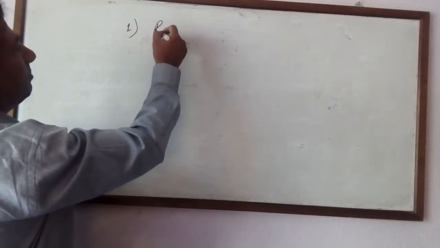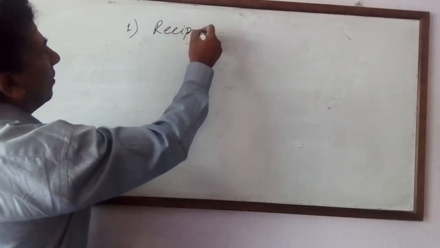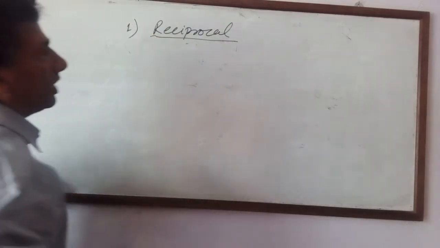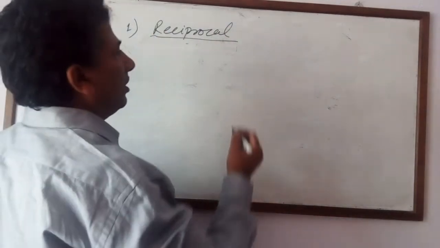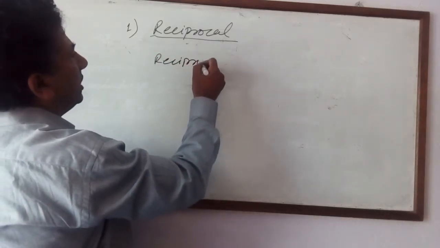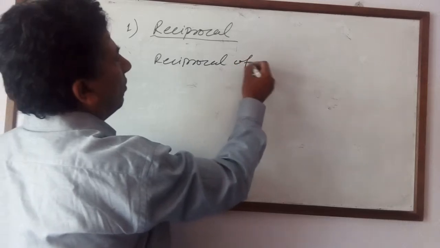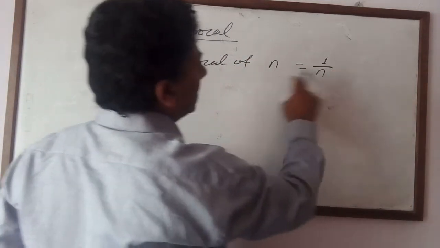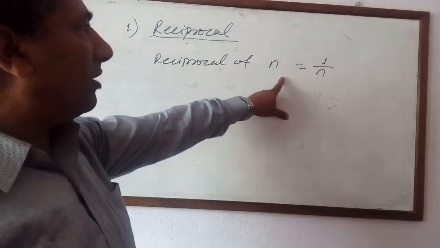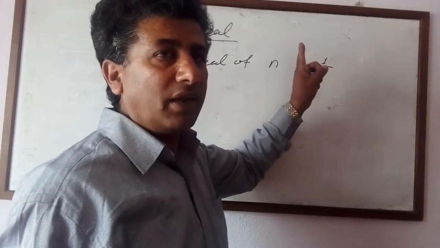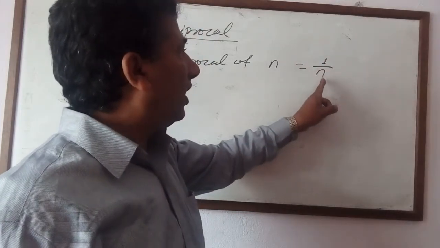I'll write the reciprocal form. What is reciprocal? Suppose the reciprocal of n equals 1 by n. N means number, replace that number. Reciprocal means the numerator should always be 1. This form is called the reciprocal of n.